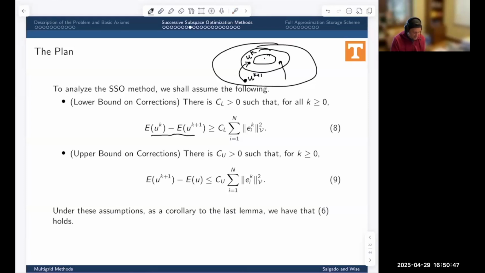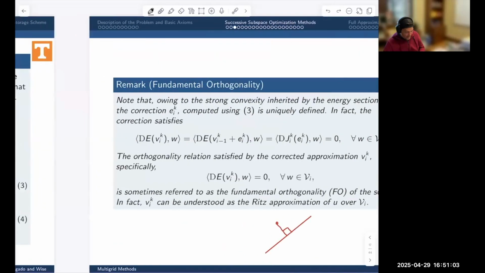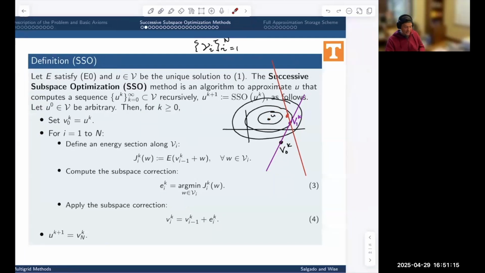Well, that makes sense in the context of my successive subspace optimization method, because when I take those energy steps, I'm always going downhill. That was the picture that we drew earlier. We started out here, and then we went here, and then we went here, and hopefully we're going to wind around, but we're always going downhill.